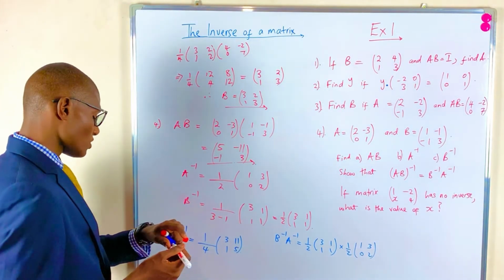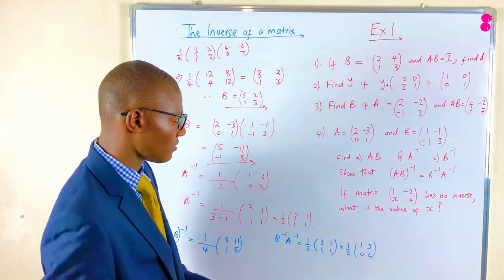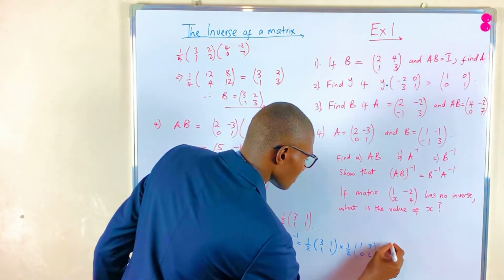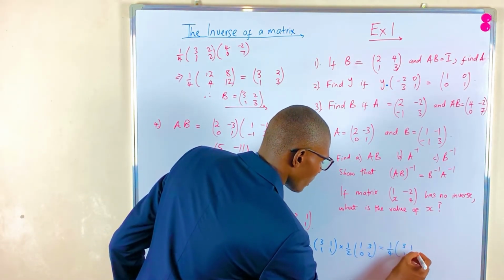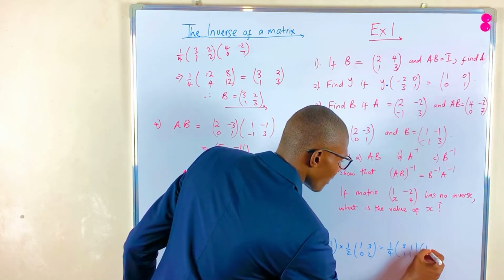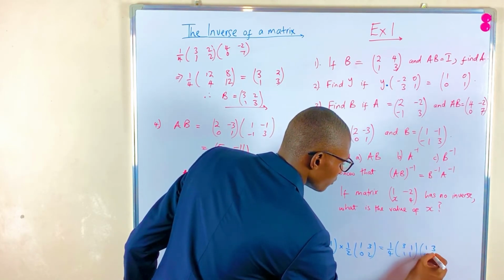Of course, the halves multiply out to give us a 1 over 4, and then we have [3, 1; 1, 1] multiplied by [1, 3; 0, 2].